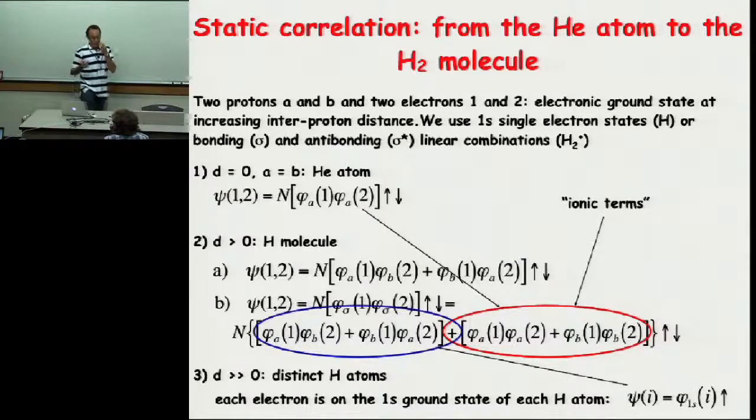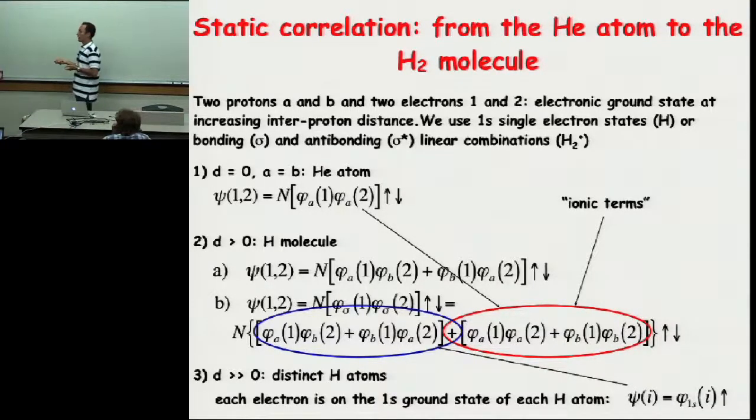If we had exact DFT, that wouldn't be a problem. It would be able to do that, although it's based on a single Slater determinant representation of the electronic density. This is so because the exchange correlation functional that Don Trula was talking about yesterday would be able to kill this type of terms in the electronic wave function.